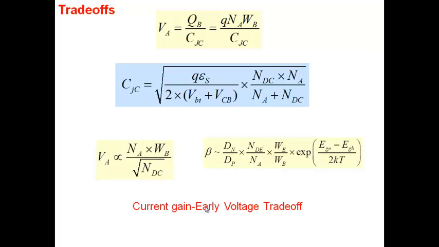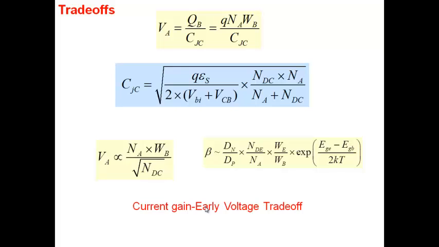Okay? It's very easy to give a high beta but very low early voltage, or very high early voltage and low beta. If somebody gives you high gain and high early voltage also, that's a good transistor. That's a good design, and if the person is asking for more money, you may agree to pay for that, because it's a high beta and high early voltage, both at the same time. So that's a challenge, how to get that.